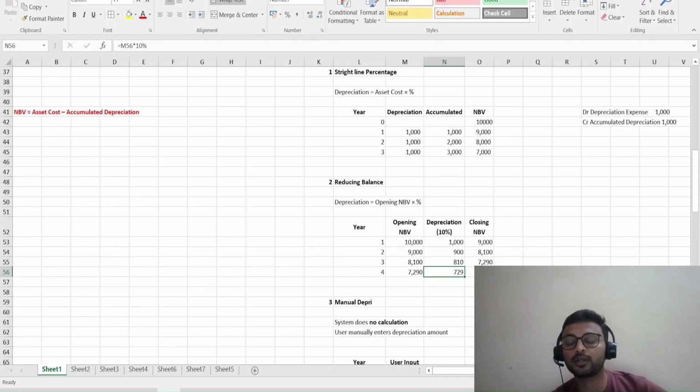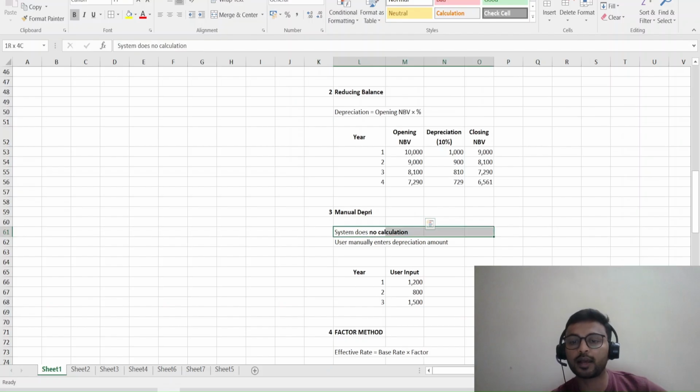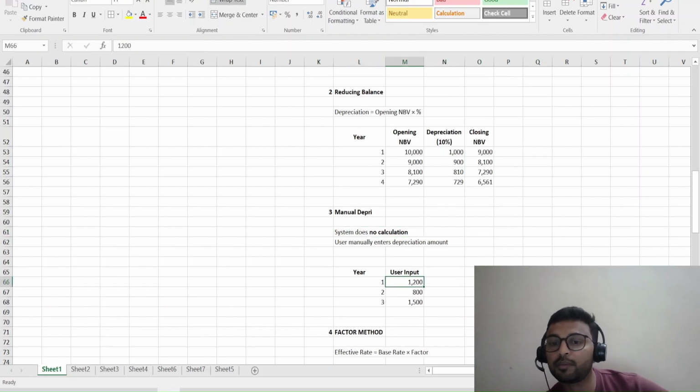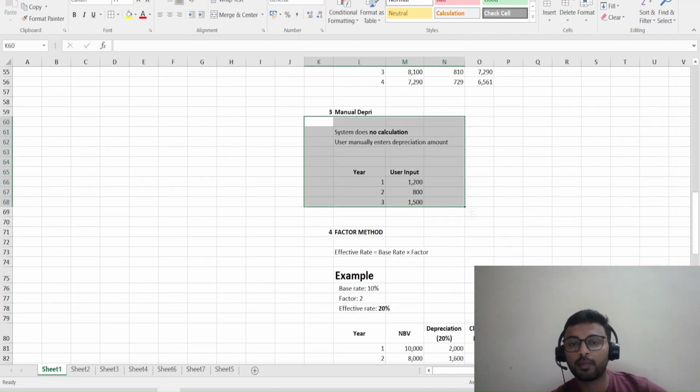In the case of manual depreciation, the system will not calculate the depreciation. We don't need to propose any depreciation; we need to manually enter the depreciation amount and post the journal. So that is about manual depreciation.